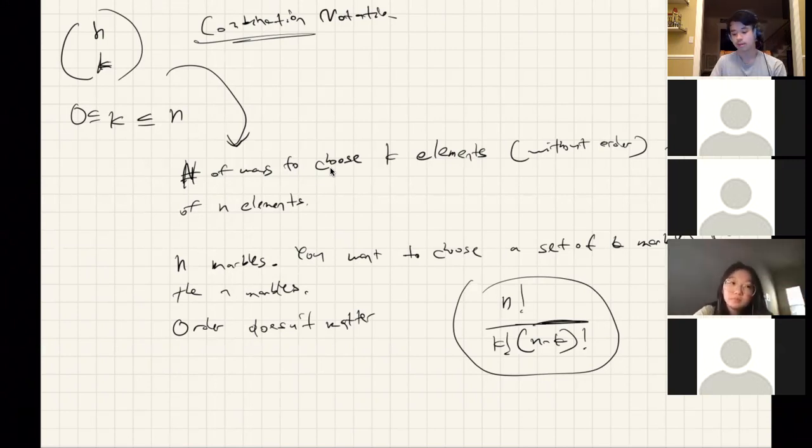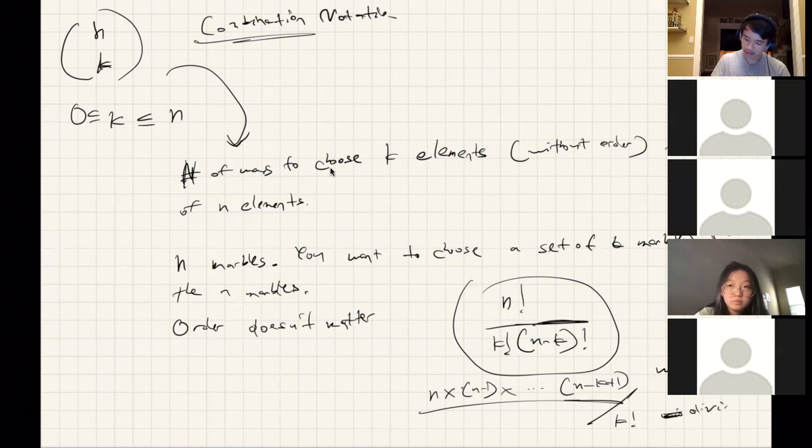The basic gist is that you choose n times n minus 1 all the way up to n minus k plus 1. There's this many ways to choose them with order, and then you divide by k factorial, because that's the number of ways each configuration is overcounted.